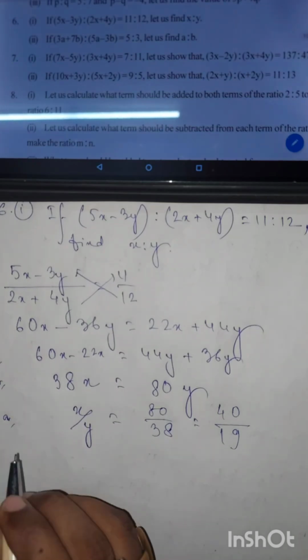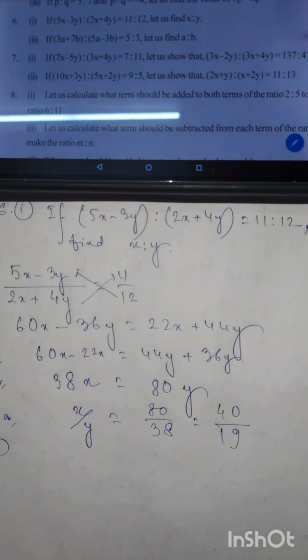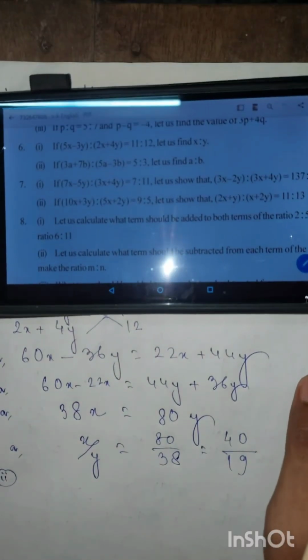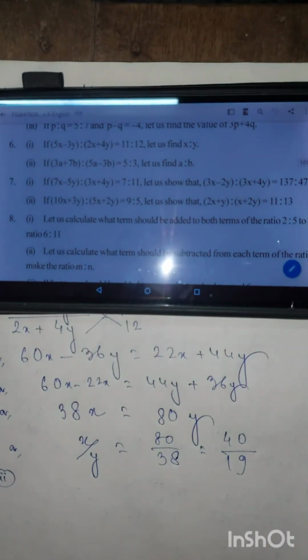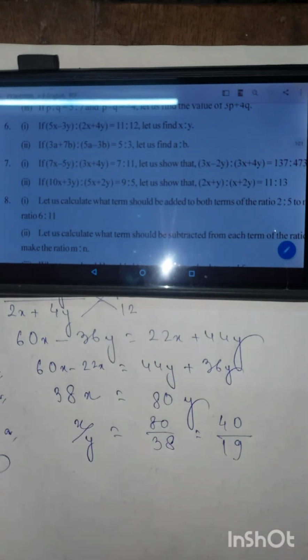Now Roman 2 of 6. If 3a plus 7b is to 5a minus 3b is 5 is to 3, let us find a is to b.